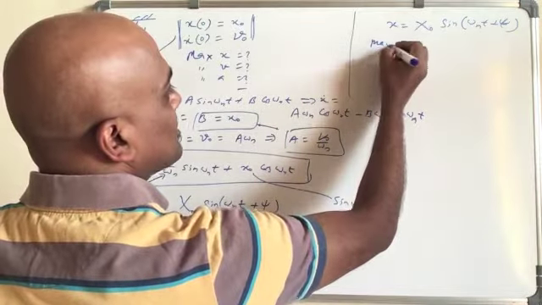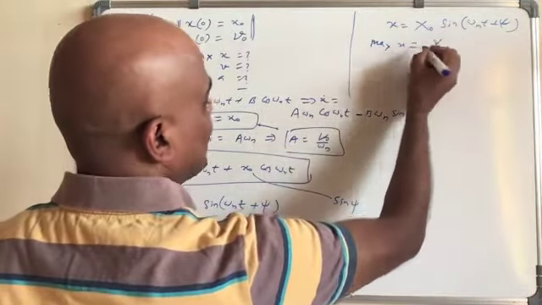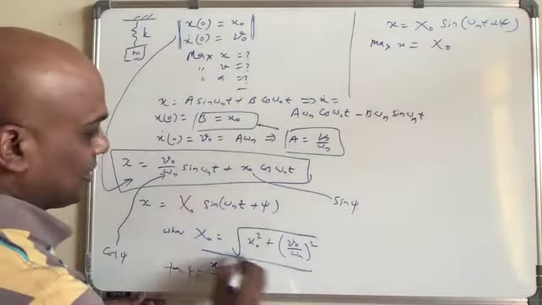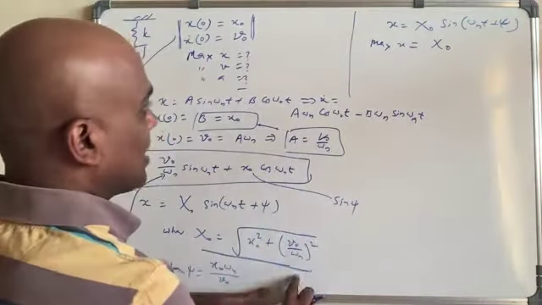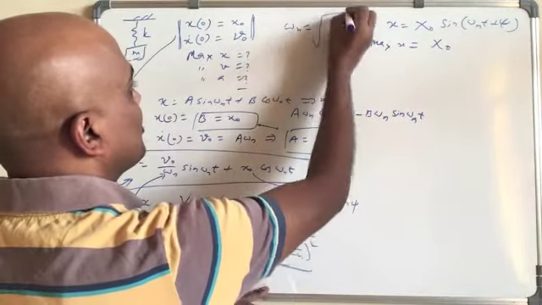So maximum x equals big X, which is given here. You put the values of omega n, where omega n is equal to root k over m.